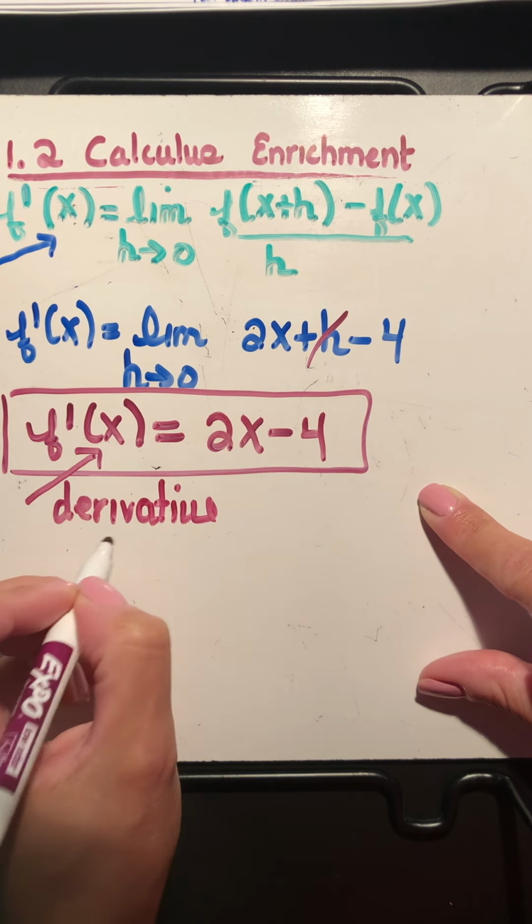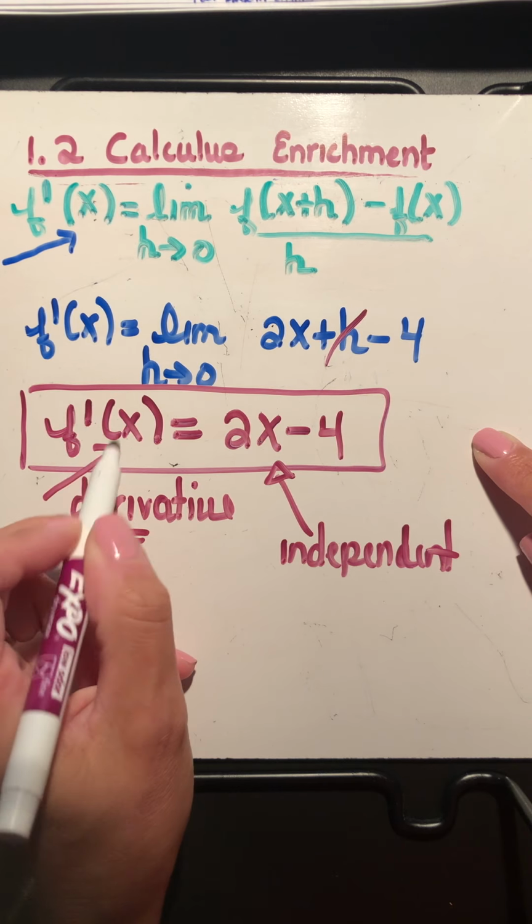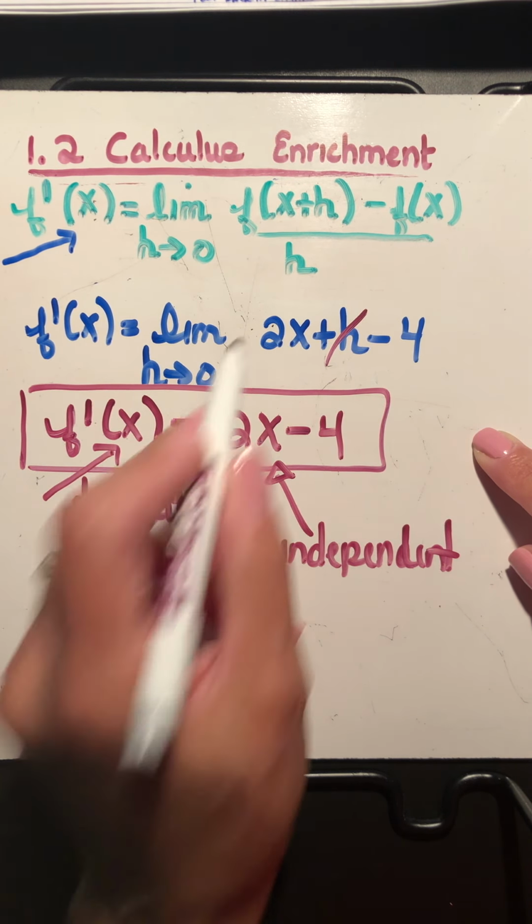So what this means is I can find the derivative or rate of change for any x value by substituting in. If I want to find the derivative when x equals 3, all I need to do is plug that into the formula for the derivative. I just found that formula for this particular function.